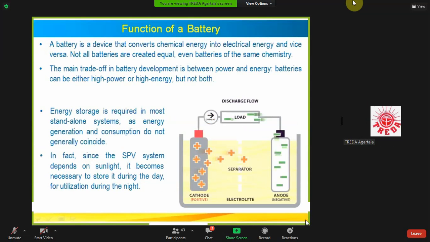Now we go to the function of battery. A battery is a device that converts chemical energy into electric energy and vice versa.